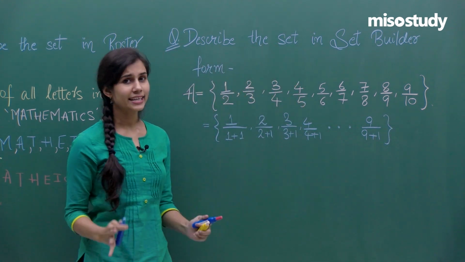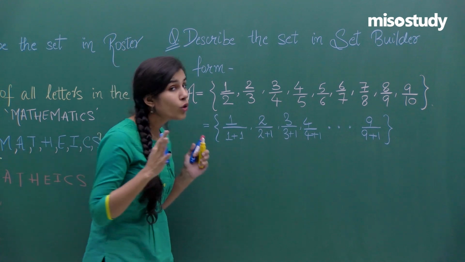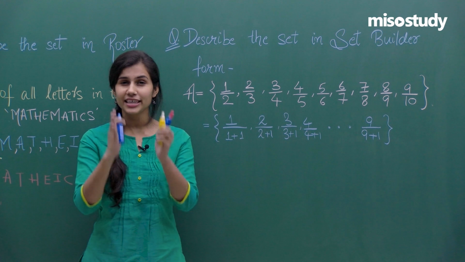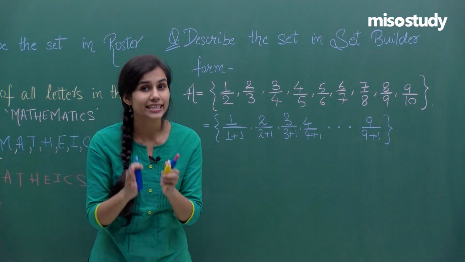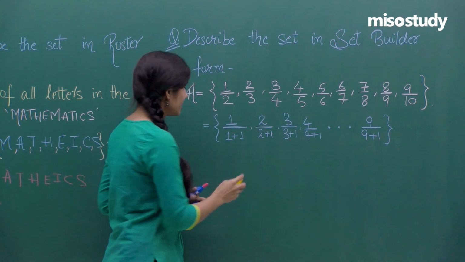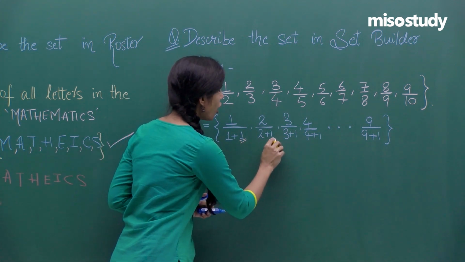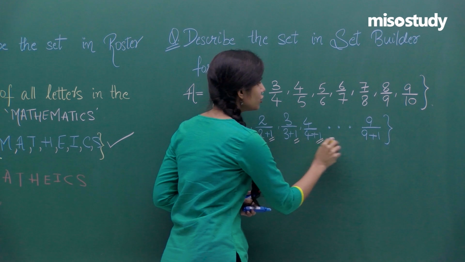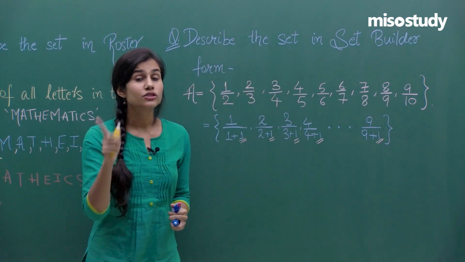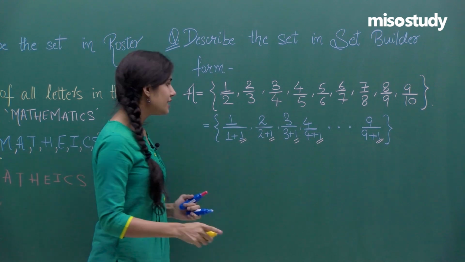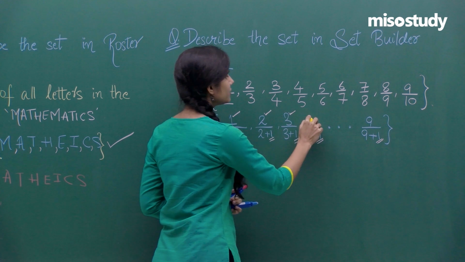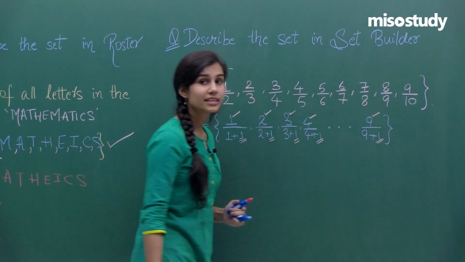This is how I can express my set, but only when you have observed the behavior of every element lying inside A. Now, this 1 is common, being added to each and every denominator. This 1 is not changing. What is changing is the numerator: 1, 2, 3, 4 and 9.